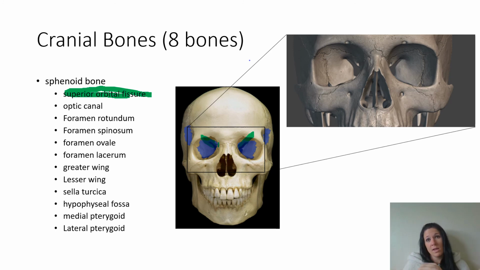If we look at the other image that's a little closer, right here, we can see our superior orbital fissures, all the way back in the orbit, sort of the top of that X.